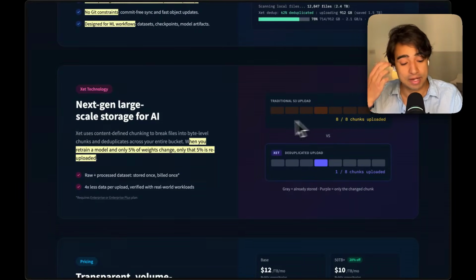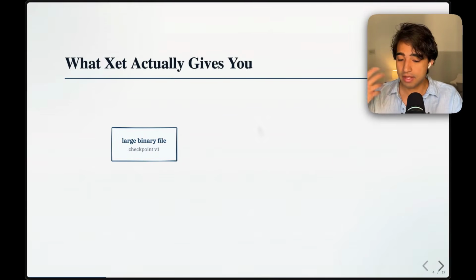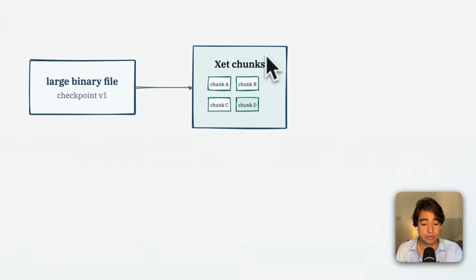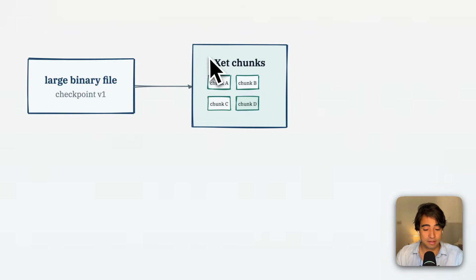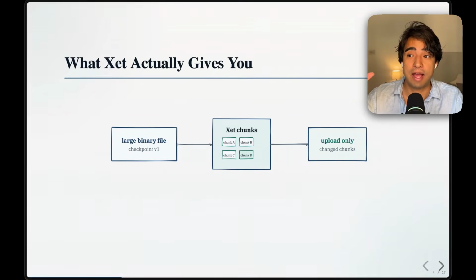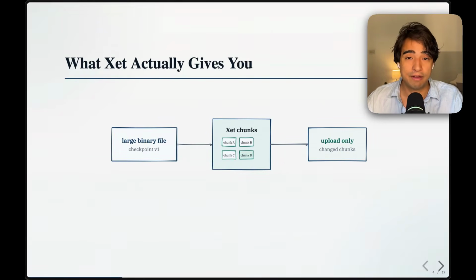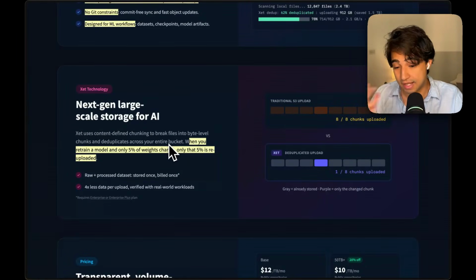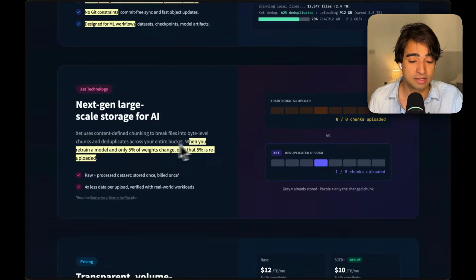Whereas with Xet, what happens is that if you have a large binary file, Xet chunks it into different chunks that make sense, and then just updates the chunks that actually were updated, okay? And that is how it works with Xet. That is why in Hugging Face repositories, whenever you have a binary file, such as a model checkpoint or any other binary file, you have to upload it with Xet. And that comes natively in Hugging Face buckets.